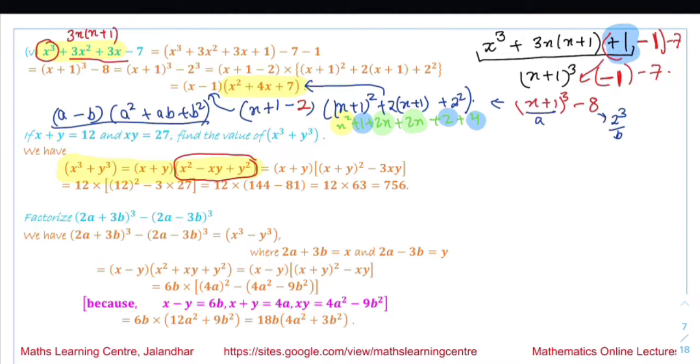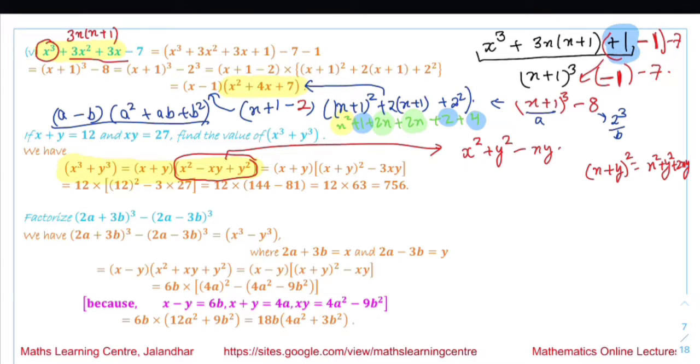So what we do is we transform this part. You can write this as x square plus y square minus xy. We have the value of x plus y. So if I square this term, I will get x square plus y square plus 2xy. So the value of x square plus y square is (x plus y) whole square minus 2xy.